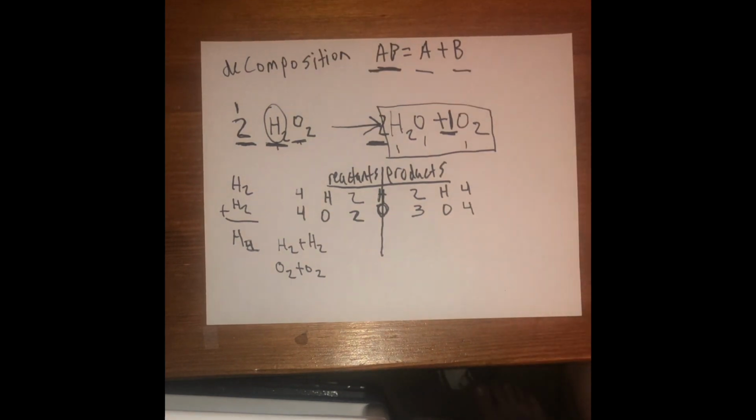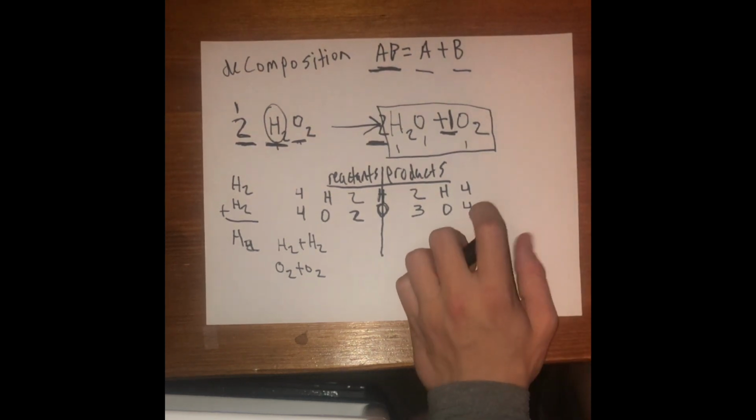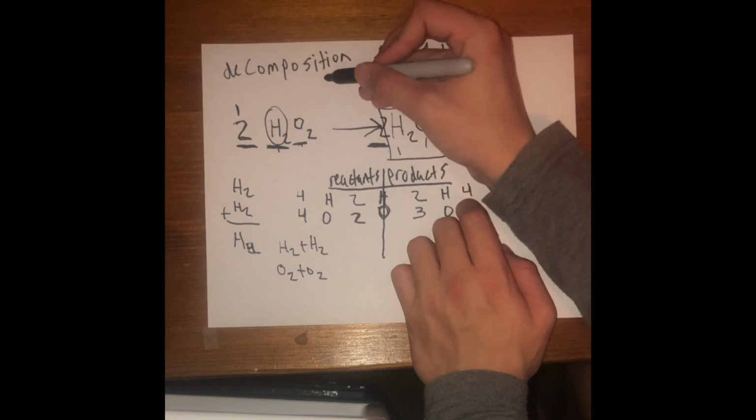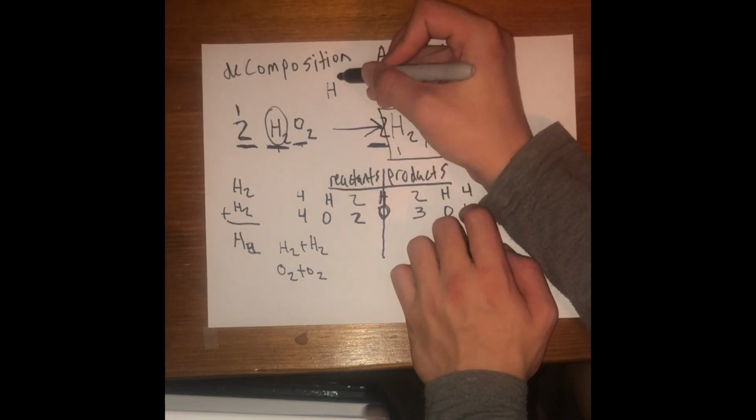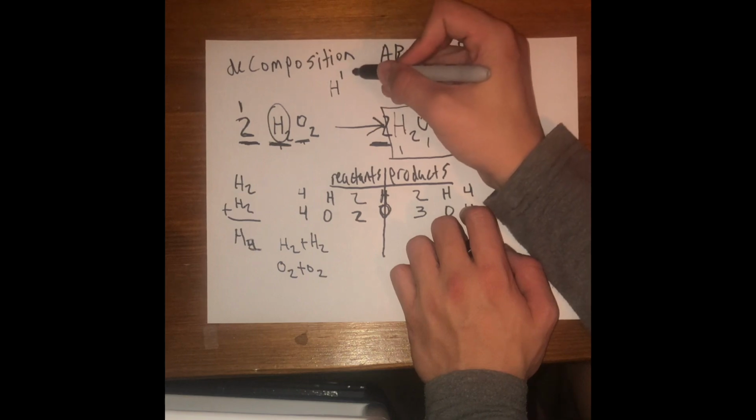We also have to make sure it's balanced when it comes to charge, and balanced when it comes to the octet and duet rule. So on the left side of the equation, we have 2 hydrogen. We know that hydrogen is in group 1, so it has 1 valence and a +1 charge.